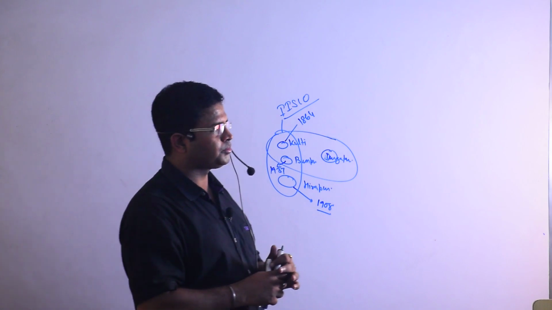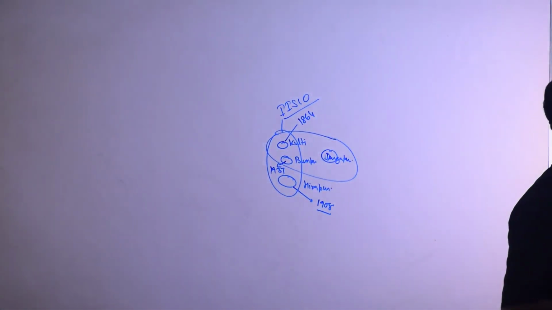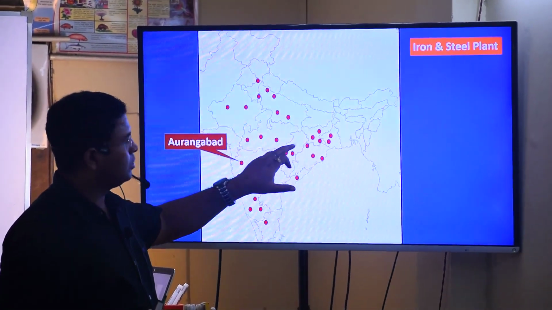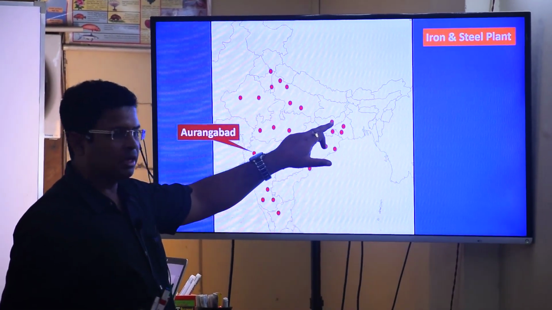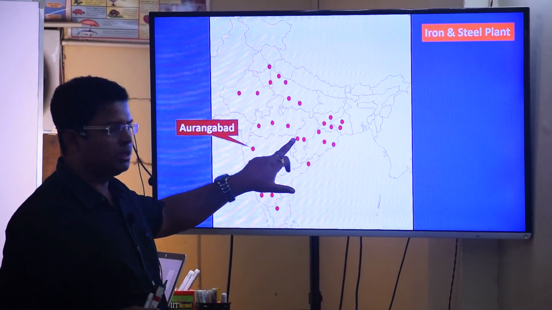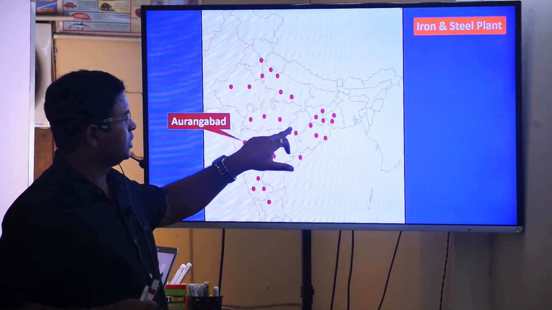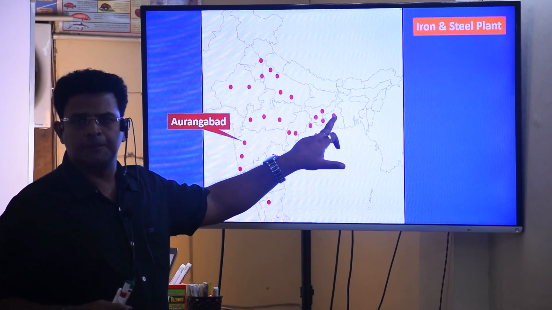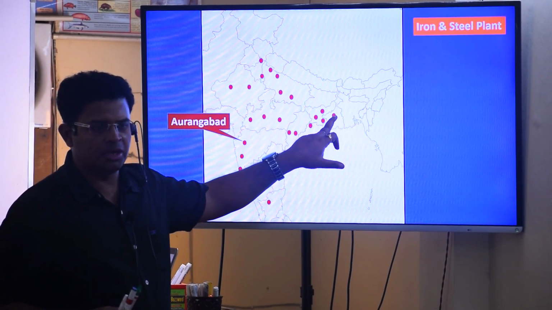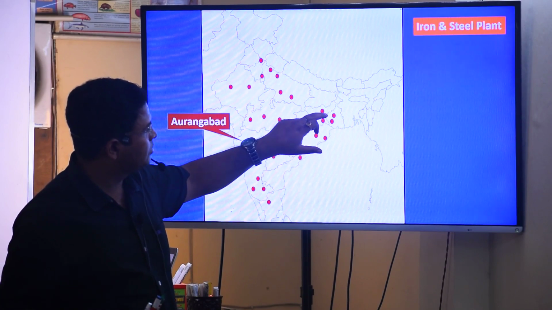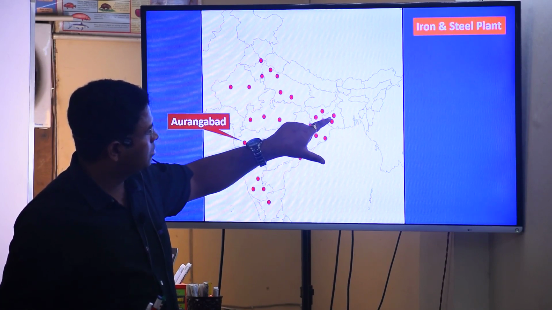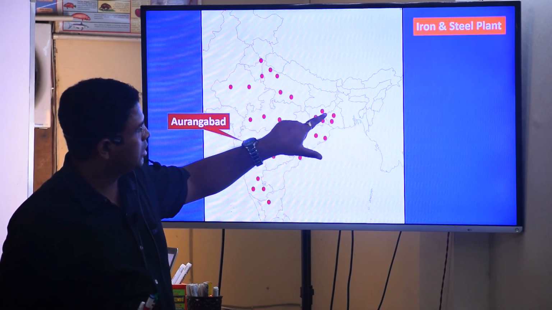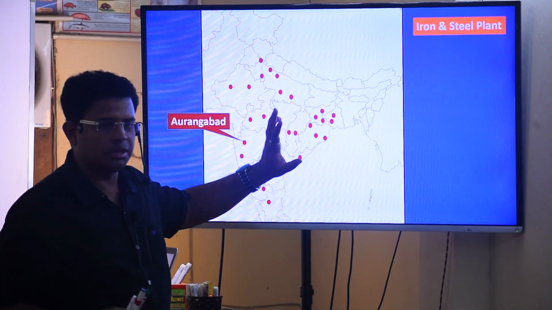So this is Bokaro, Bhilai, Russia, 1972; Bhilai, 1957; then Durgapur steel plant, 1959, Britain; and here Kulti, Hirapur, and Burnpur, and this is 1937 altogether.